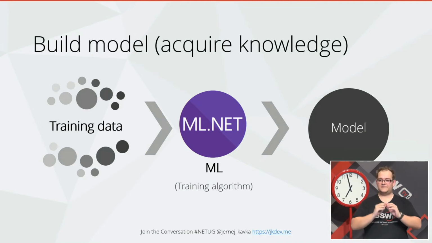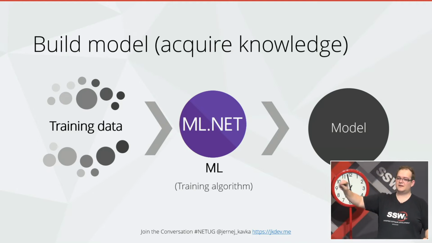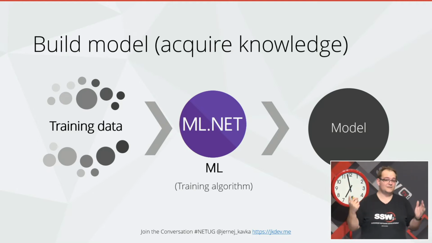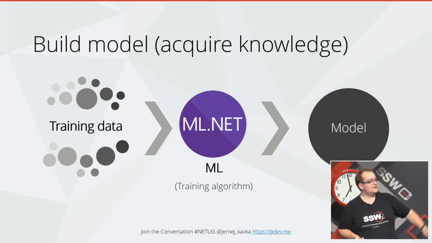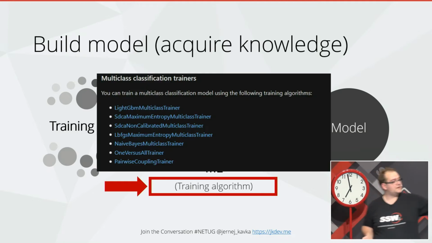You need really low knowledge about machine learning to use it. You can just go through tutorials, and the tutorial tells you to use a certain trainer. You initialize the trainer, put in a few arguments, and boom, done. But you still kind of need to know what kind of trainer you want to use. So remember those trainers over there?